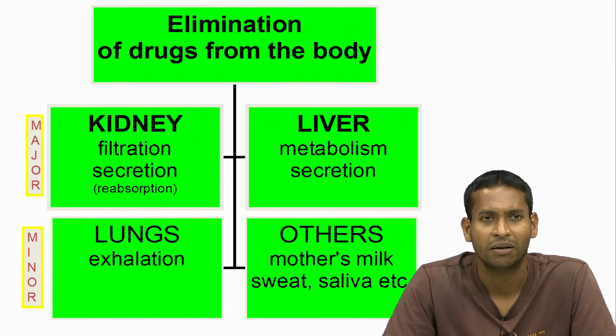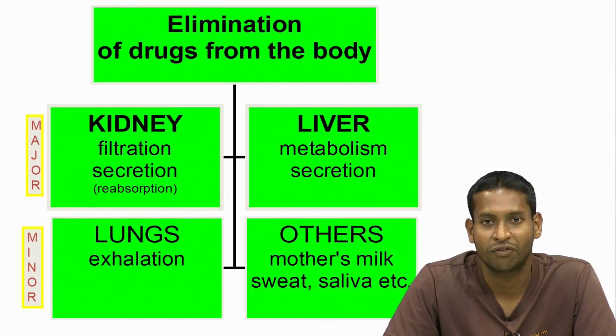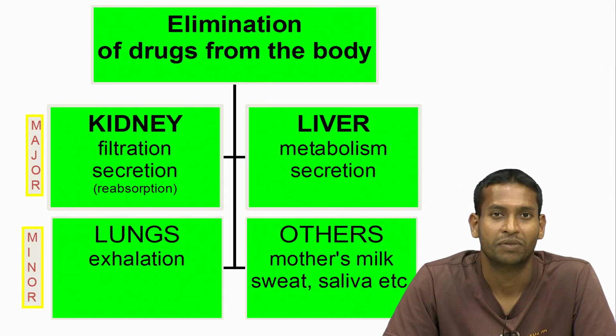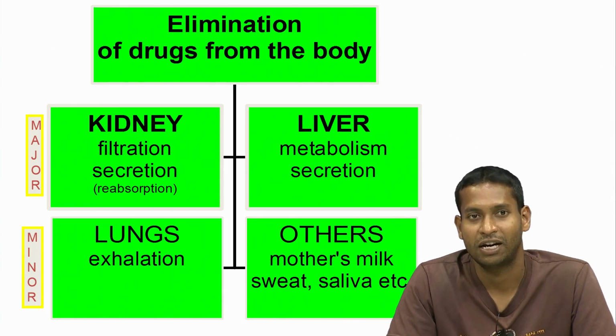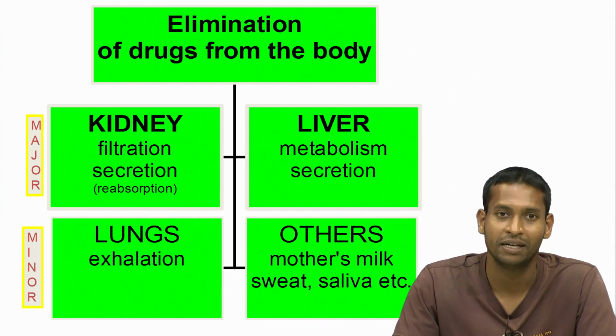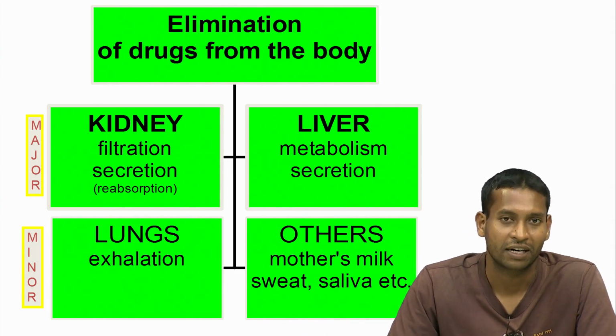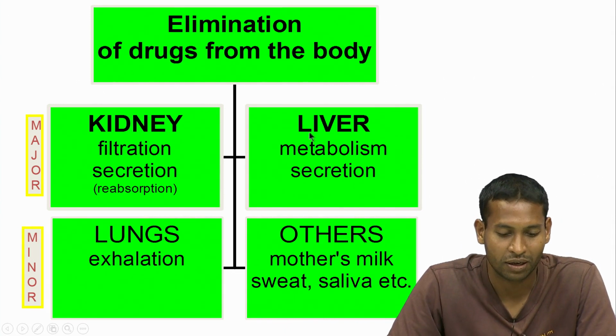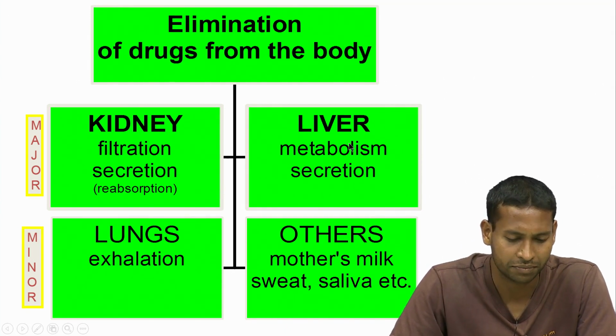But let us say a molecule is broken down into 3 different smaller fragments, the activity may get lost, and so the drug itself is eliminated and converted into some other format, and it is no longer active. So, that is why it is important to talk about the liver when we are talking about elimination.